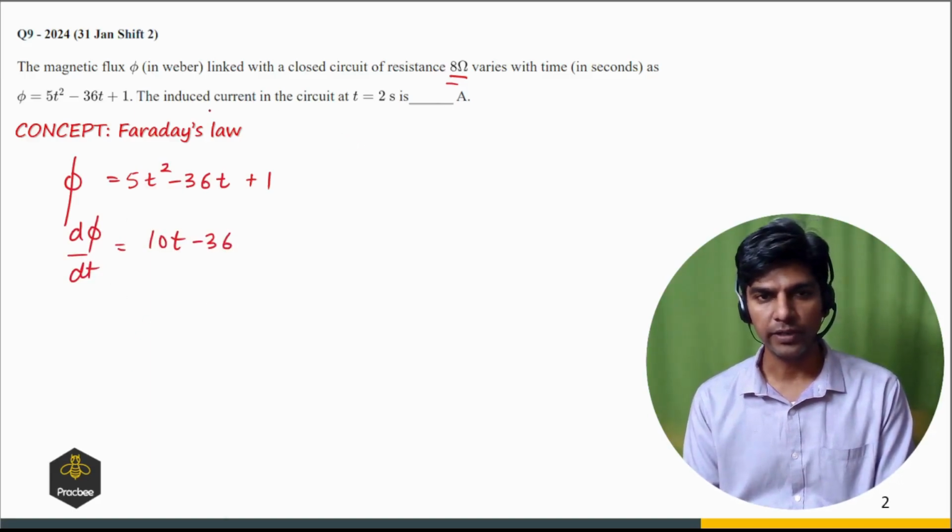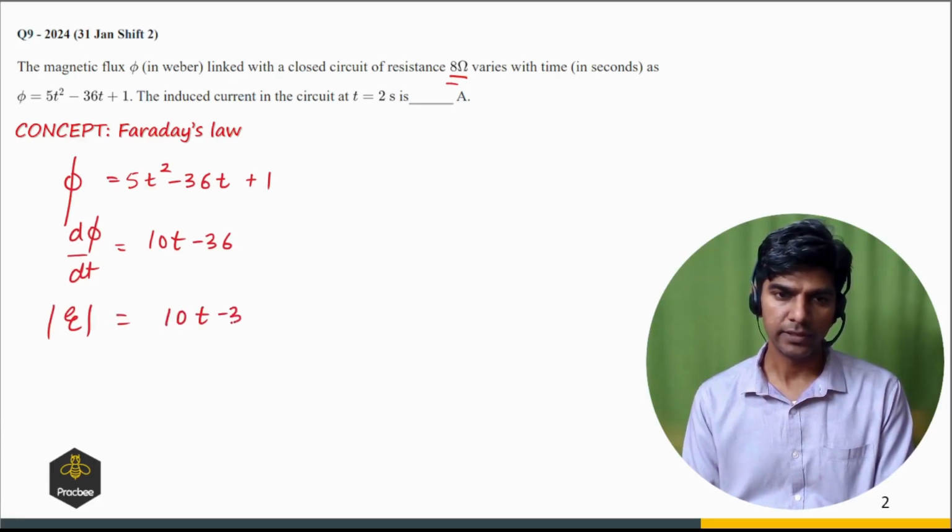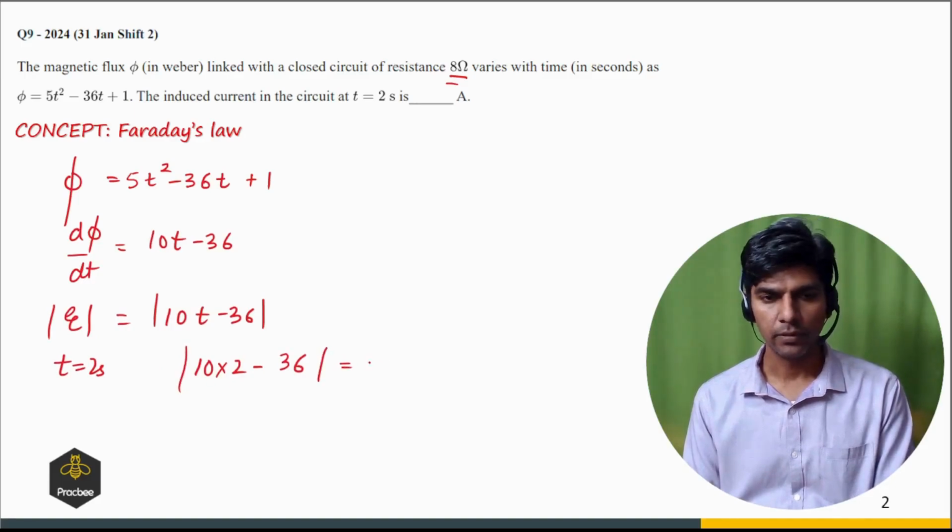And we have to find the induced current at t equals 2 seconds. So we can say the magnitude of the induced EMF will be 10t minus 36, and its value at t equals 2 seconds will be 10 times 2 minus 36, which comes out to be 16 volts, right?